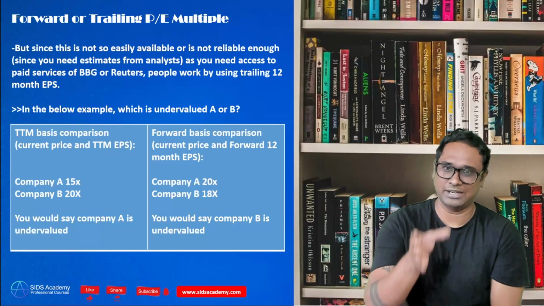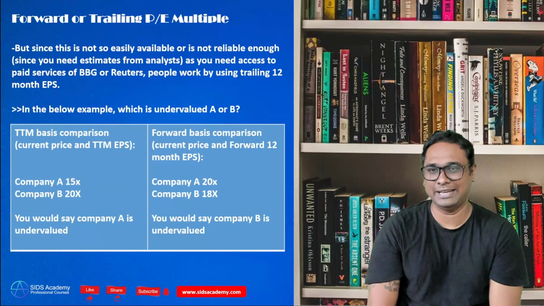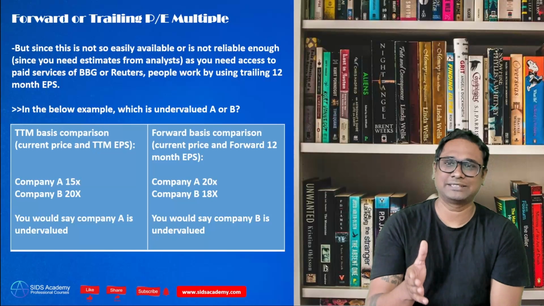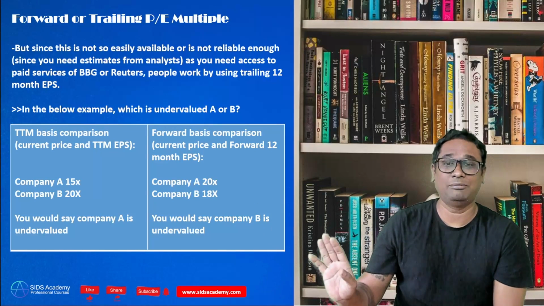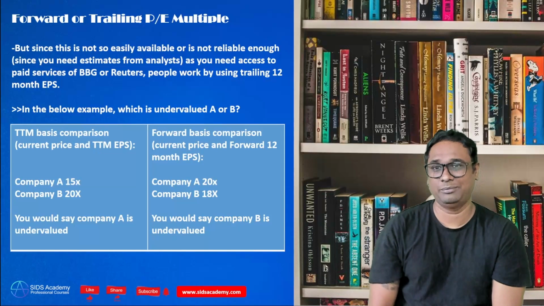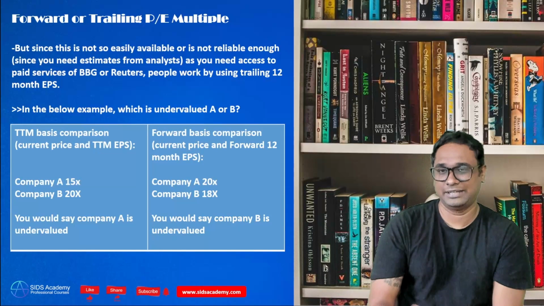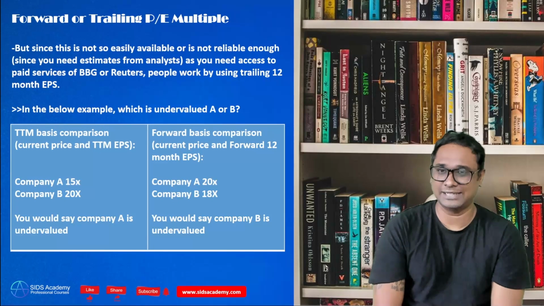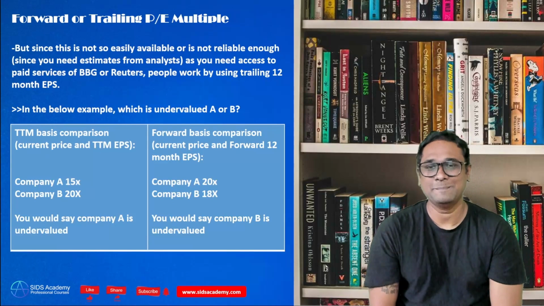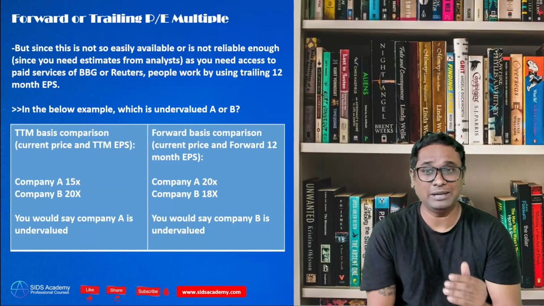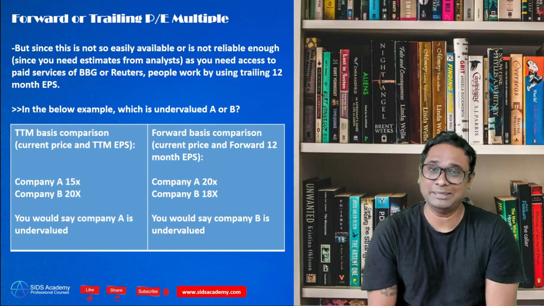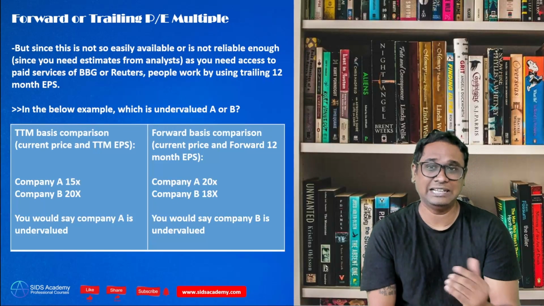So first we'll see the left hand side. Company A has a 15x multiple, whereas company B has a 20x multiple based on the past 12 months EPS, that is trailing 12-month EPS. You would say in such a situation that company A is undervalued versus company B. Whereas in the second scenario, when you are comparing the forward multiples, company A has a forward multiple of 20x, whereas company B has a forward multiple of 18x.